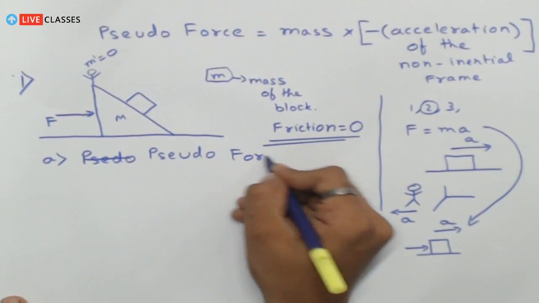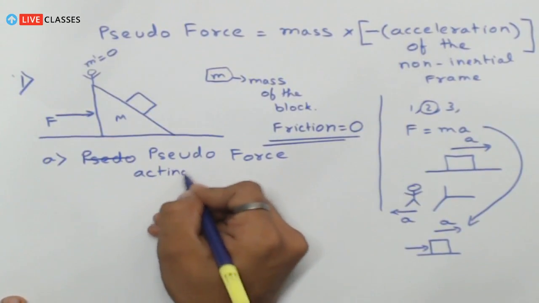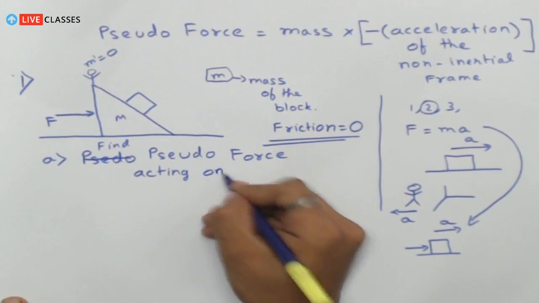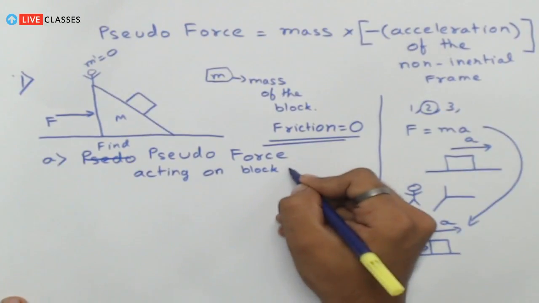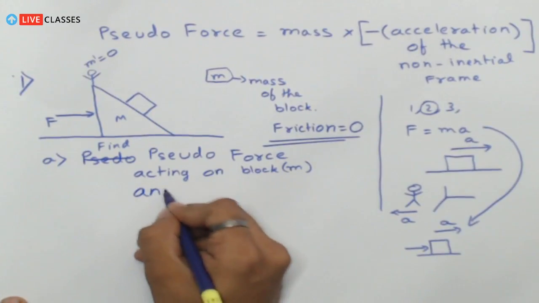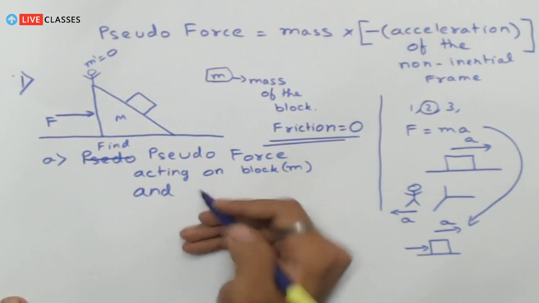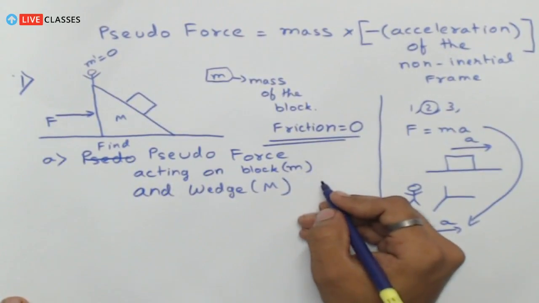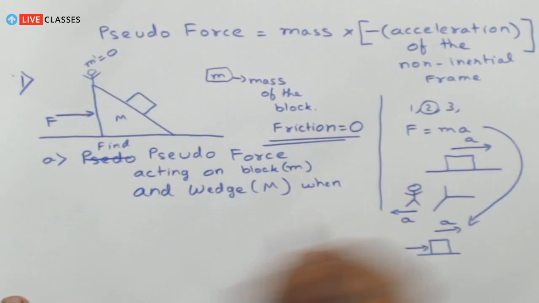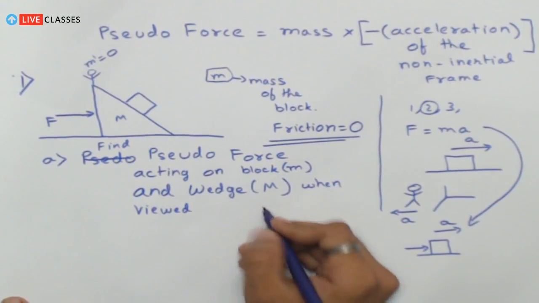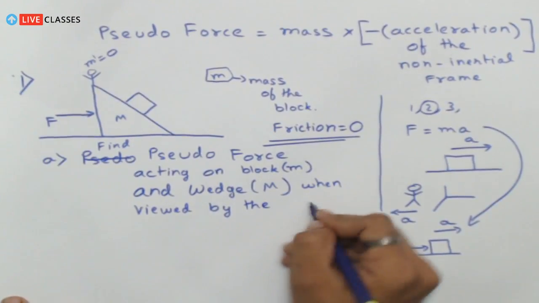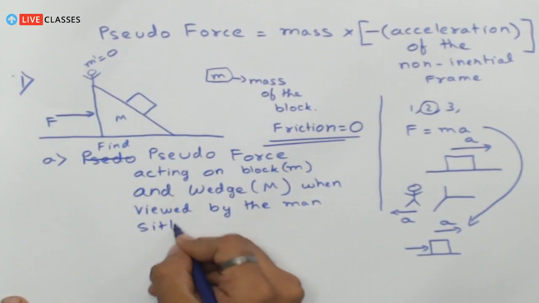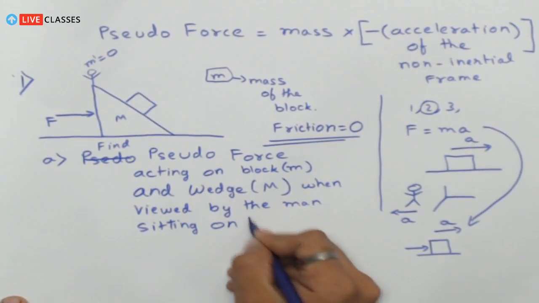Find the pseudo force acting on the block of mass m and on the wedge of mass capital M, when viewed by the observer, our man sitting on the wedge.